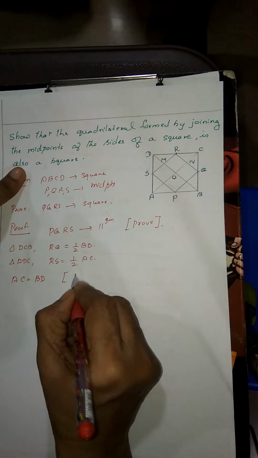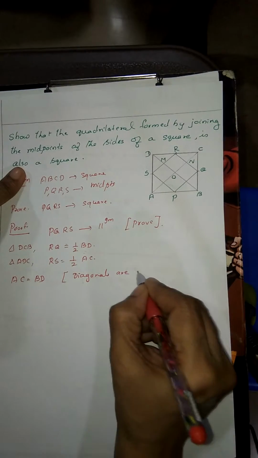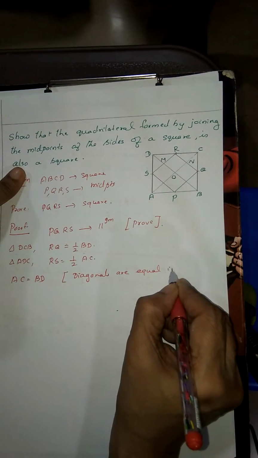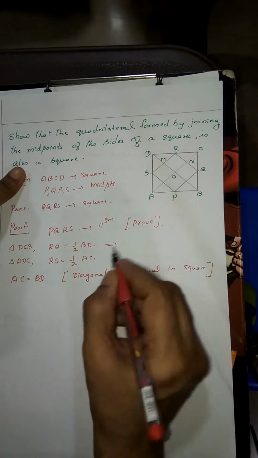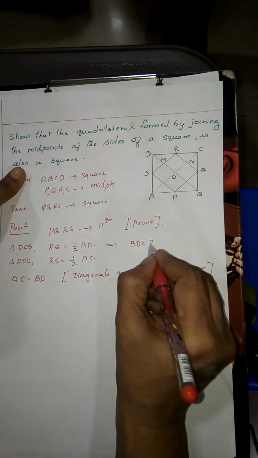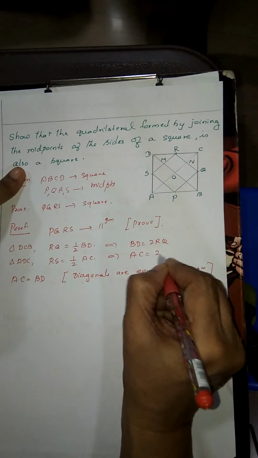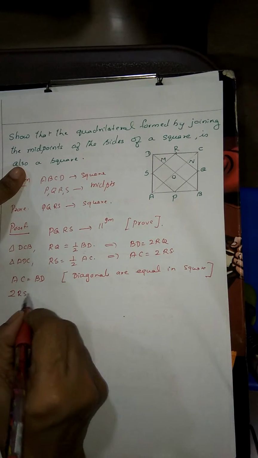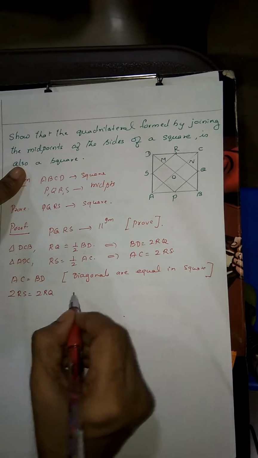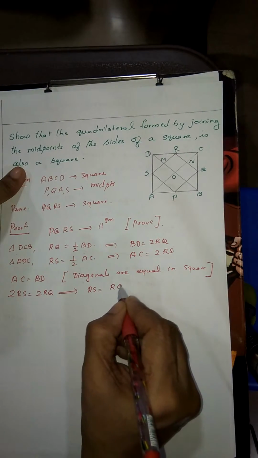The reason is diagonals are equal in a square. So from this you can say BD is equal to 2RQ. AC is equal to 2RS. So substitute it here. 2RS is equal to 2RQ. From this you get RS is equal to RQ.